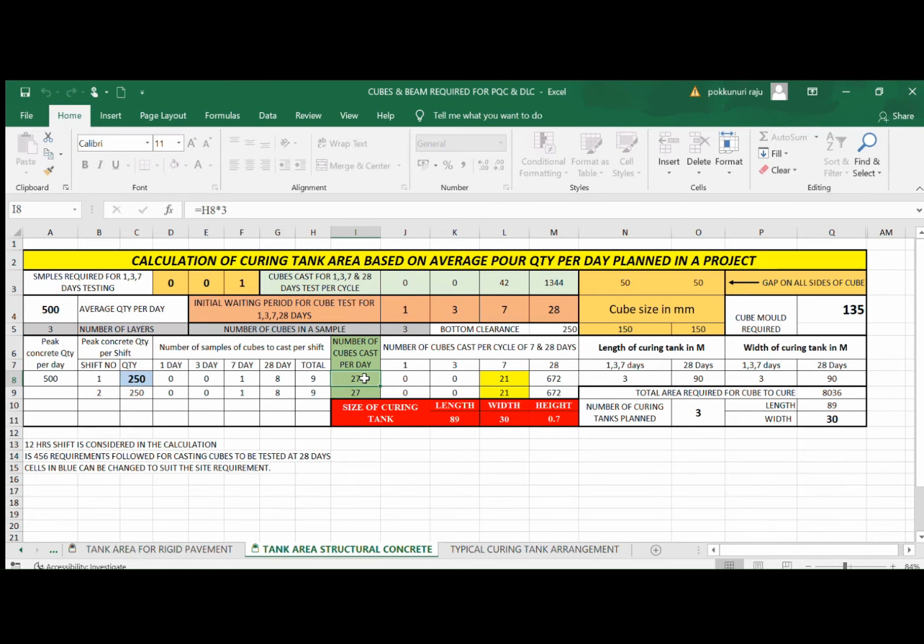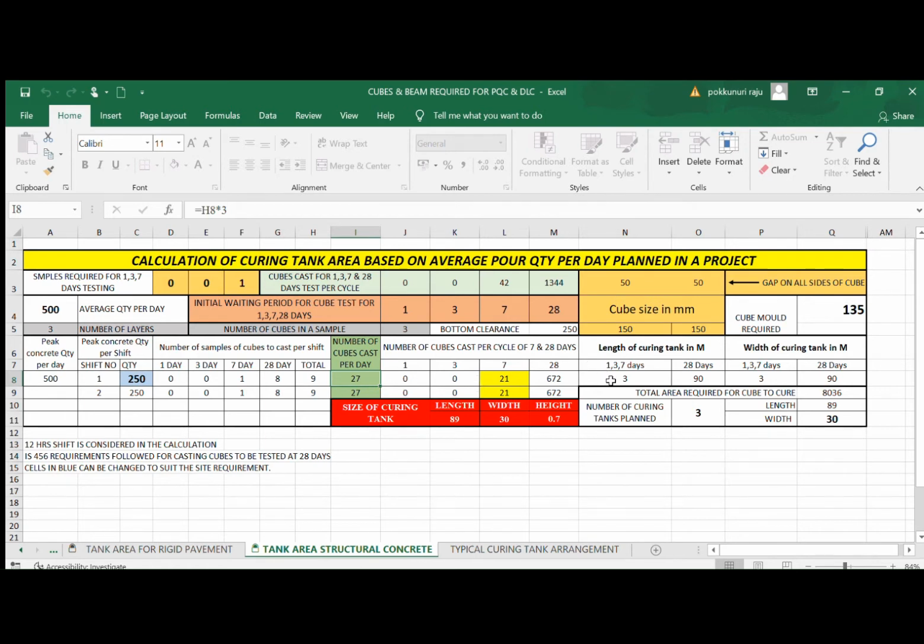In this particular case, we have taken 50 mm clearance on all sides. That means a cube will be requiring 150 plus 50 all around. So that is 200 by 200 size is required by the cubes, or generally we take 20, because all around 50 divided by 2 will be 25.